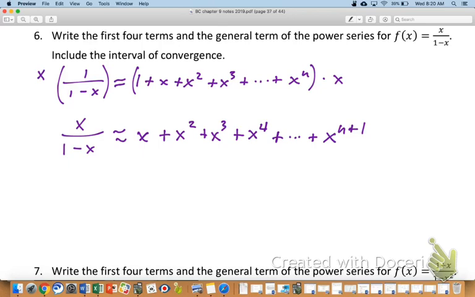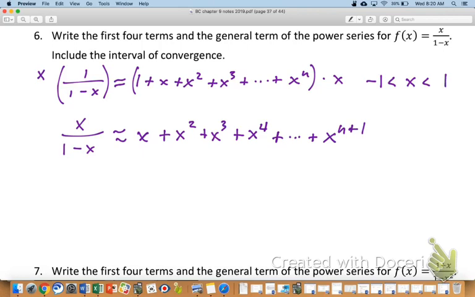What do you guys think the interval of convergence for this would be? Any ideas? Well, the original interval of convergence for the geometric series is from where to where? Negative 1 to 1. I don't know.